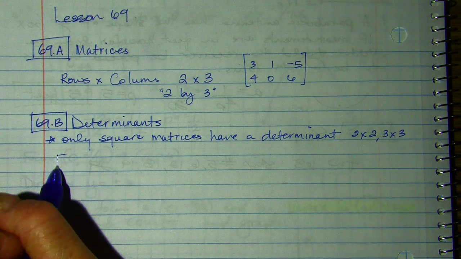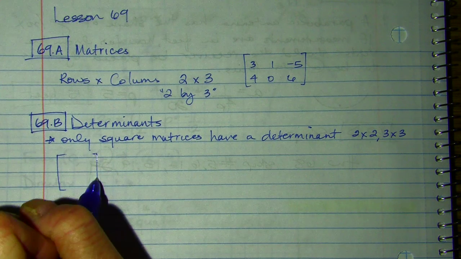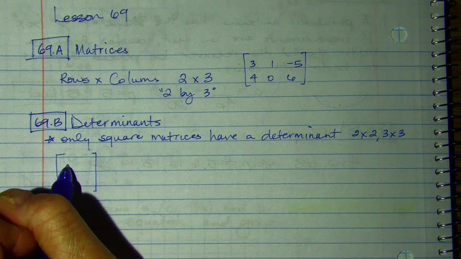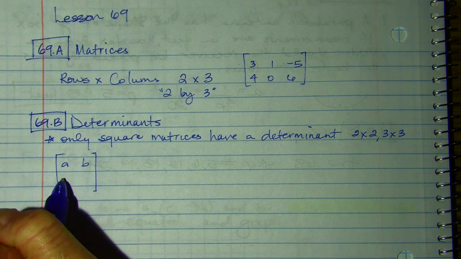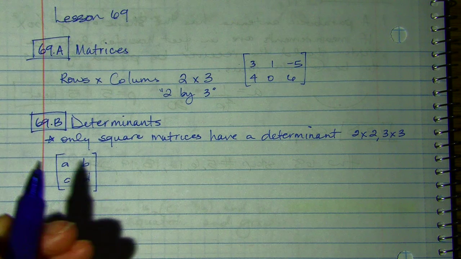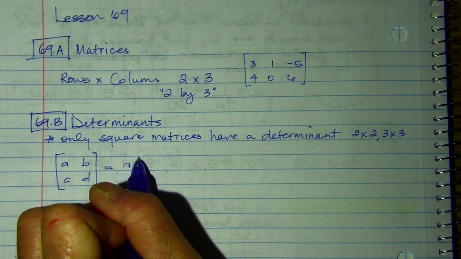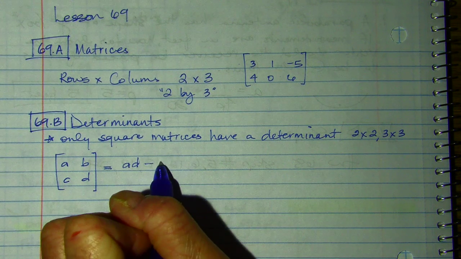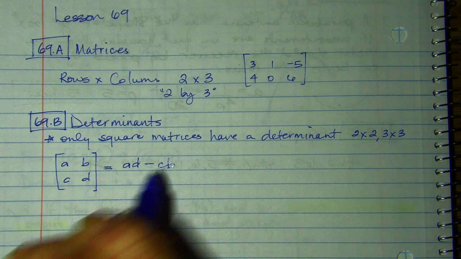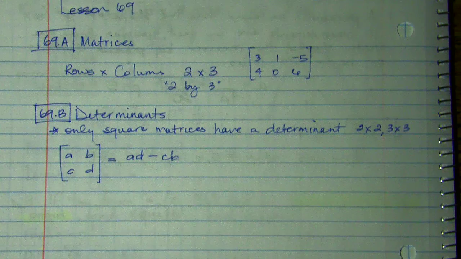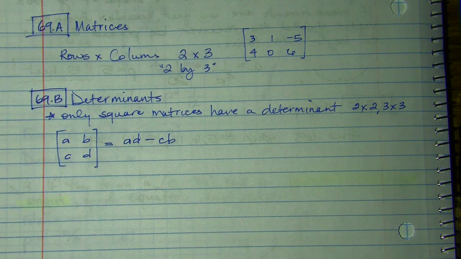So review, if I have a 2 by 2, and I'm going to start with the top left corner, A, B, C, D. Your determinant is the product of AD minus the product of CB. And that is your determinant. So we're going to do a couple, and that's really it for this section.